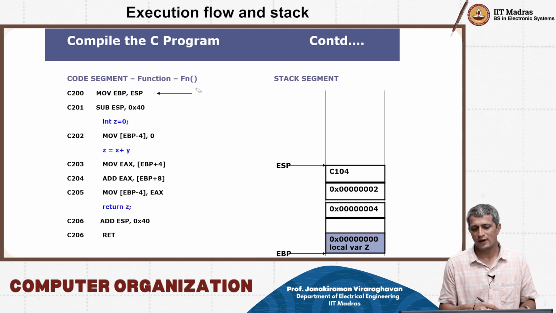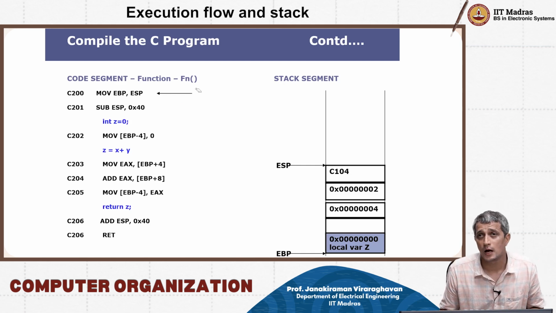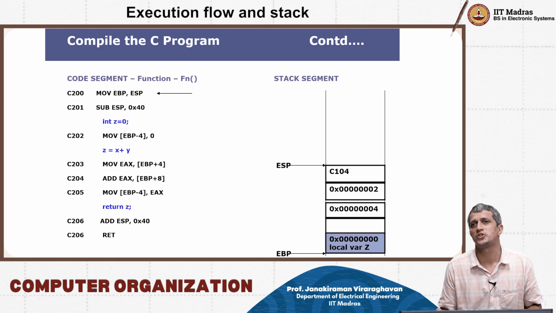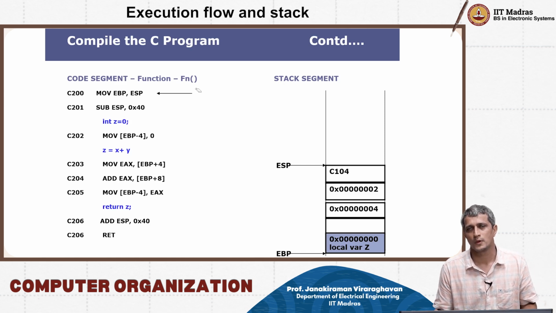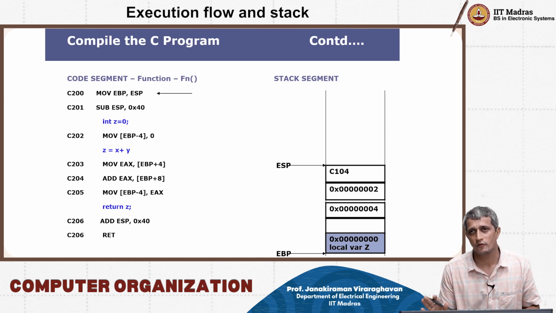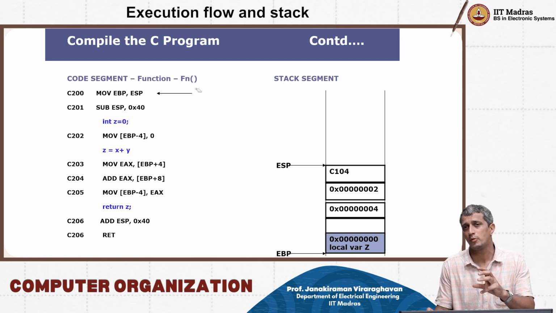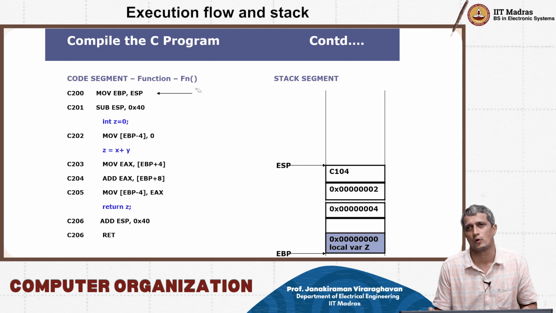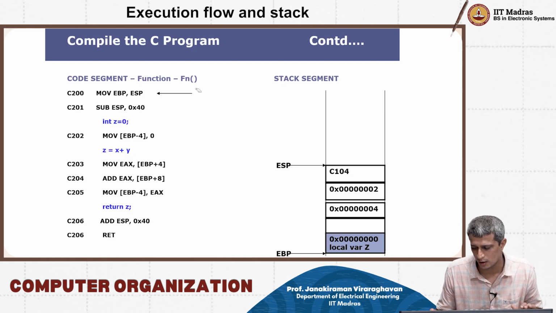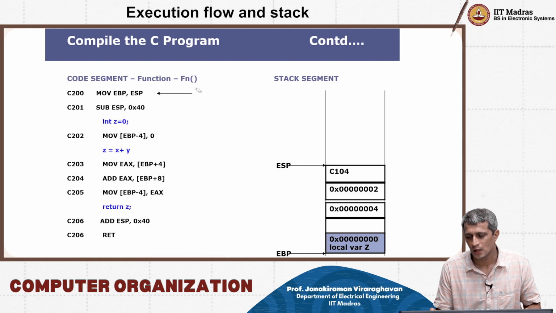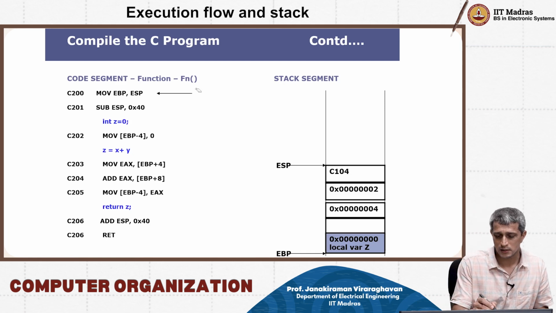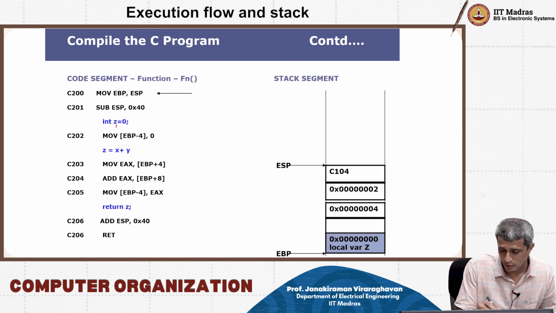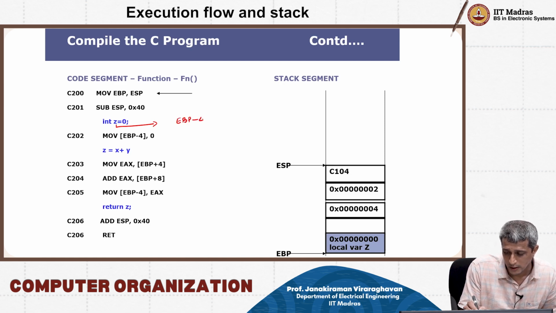So now when I look at the assembly translation of the function fn, what do I need to do? This is what we need to understand, because remember when we did main, I just told you that z is stored in EBP minus 4. We will now understand how that is the case.